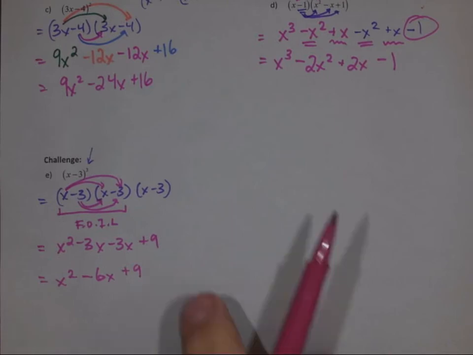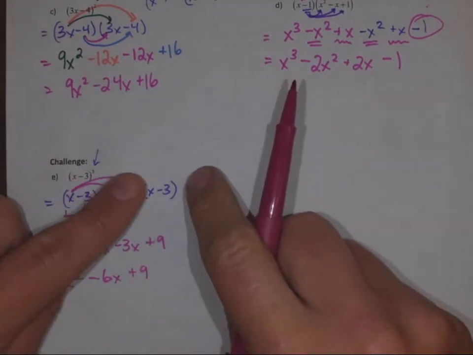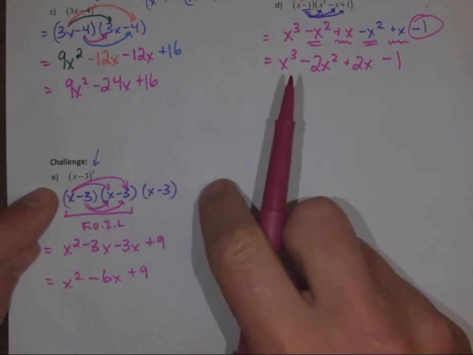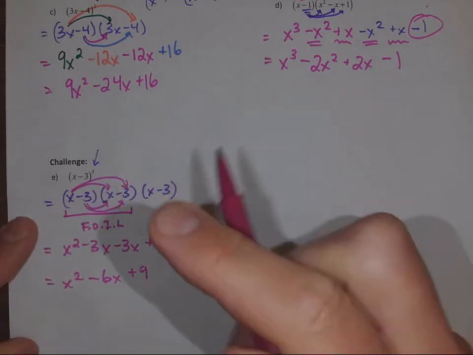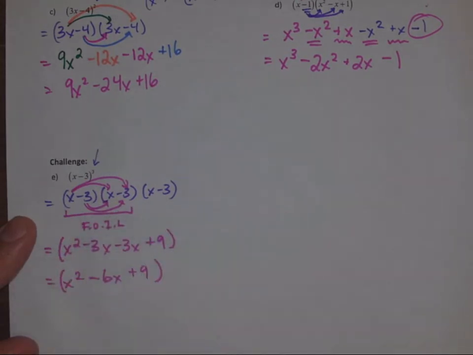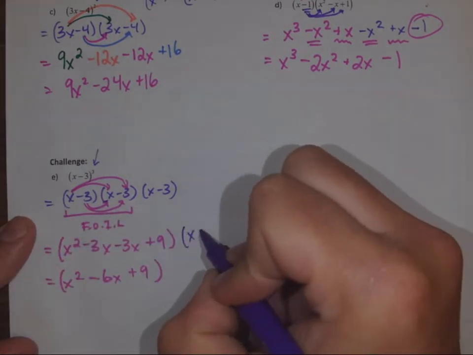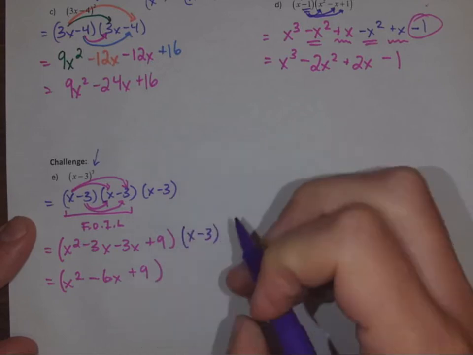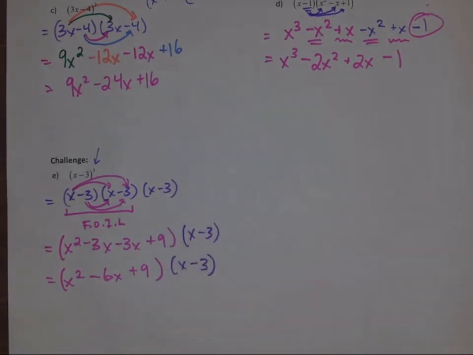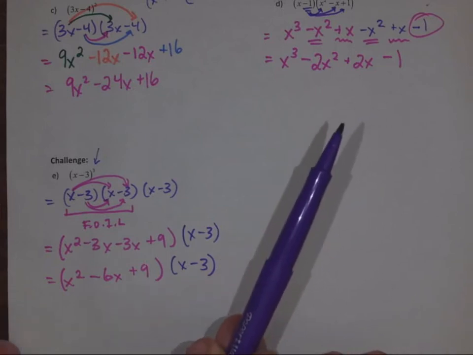Now, because this is then multiplied by all of that, whatever this makes needs to all be multiplied by that, which means this is in brackets, and we still need to multiply it by the third x minus 3 bracket. And now that looks like something we've done right up there.